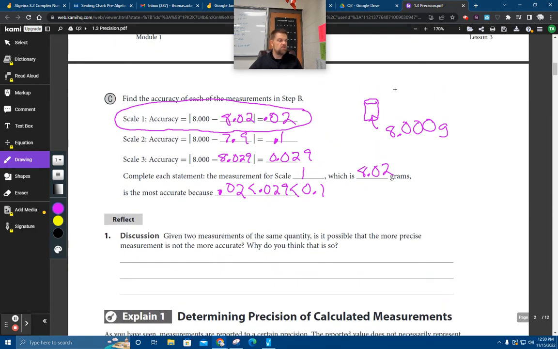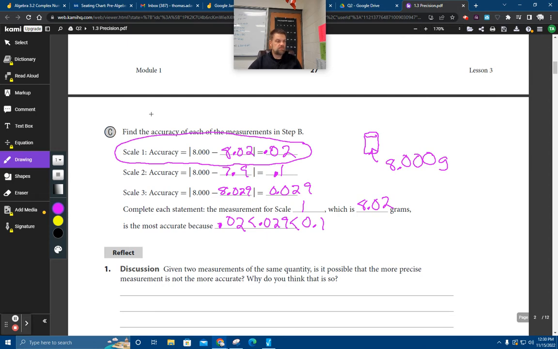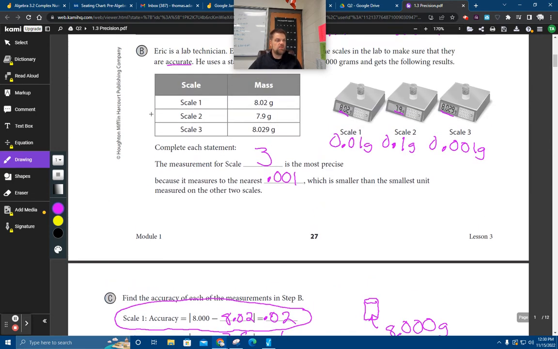So real quick, let's do one more reflection on this. It says, given two measurements of the same quantity, is it possible that the more precise measurement is not accurate? And why do you think? Well, now look at this. Which one of these was the most precise?